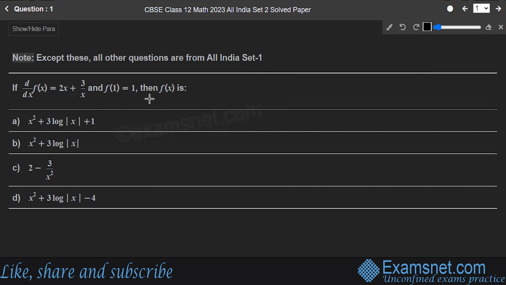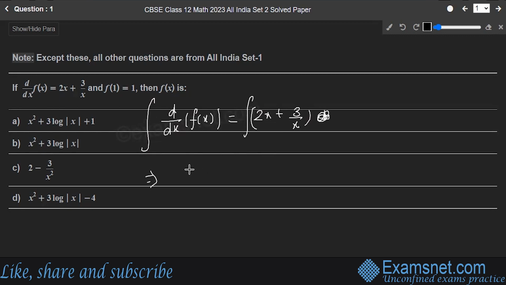Question number 1 says if d by dx of f(x) is equal to (2x plus 3) upon x and f of 1 is equal to 1, then f(x) is equal to. Fine, so you are given d by dx of f(x) is equal to (2x plus 3) upon x. Let's do the integration on both the sides.